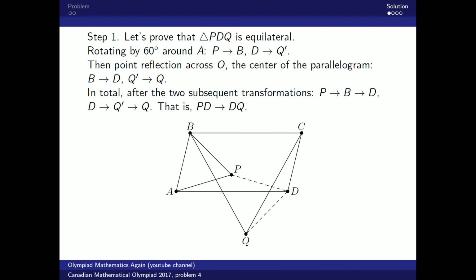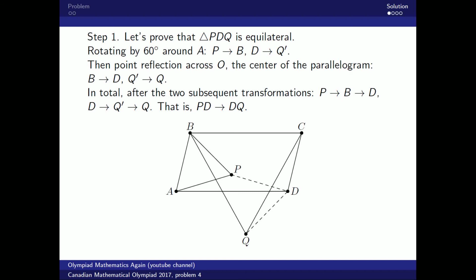First, we know that this transformation preserves the length, because when we rotate around some point by some degree, a segment always goes to an equal segment.